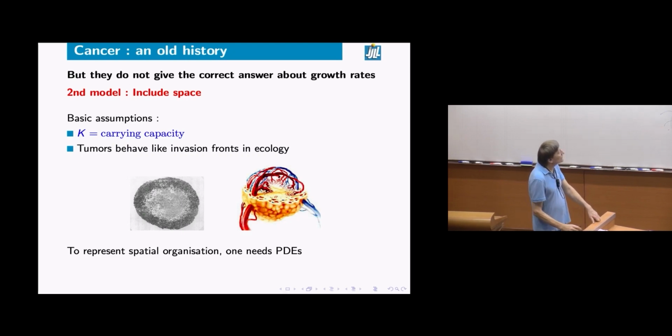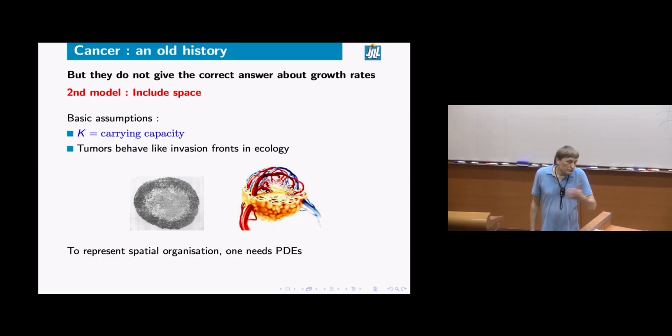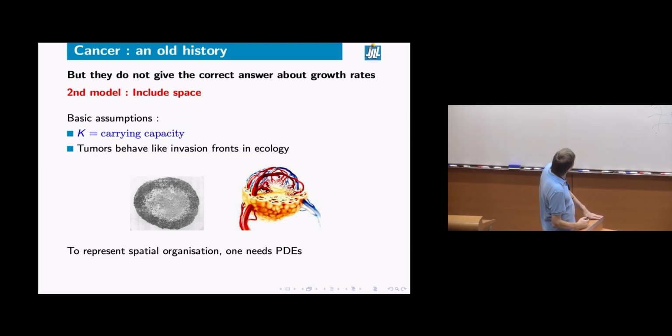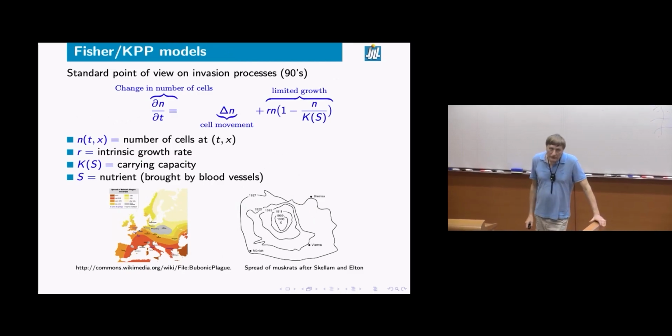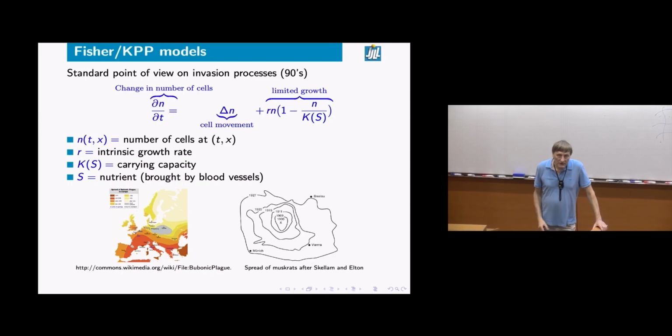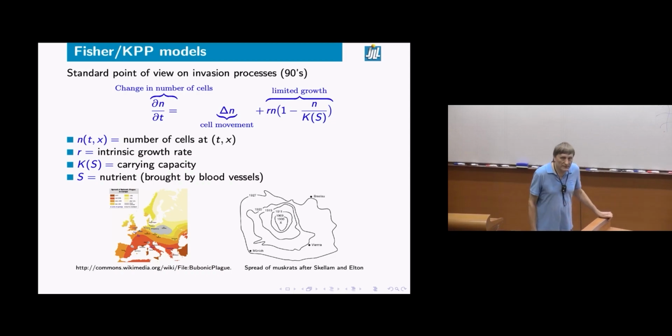So in some sense, you are in the domain of invasion fronts, which is very famous in ecology since Fisher and KPP, and so you go to the next step, which is to say that the growth of the number of cells is now resulting not only from limited growth by some carrying capacity, as we said before, but also by random motion of cells, like in traveling waves.